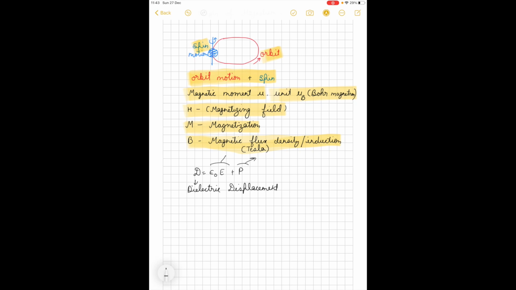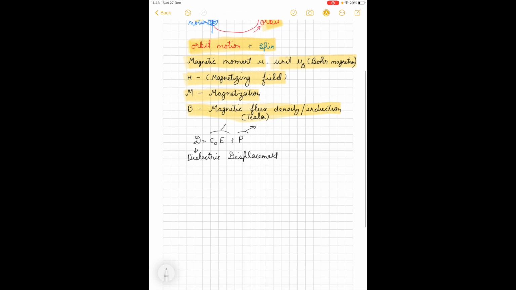Similarly, in the magnetic field case, we will denote something like the magnetic induction. I'll denote it as B int, which will have two parts. One is mu naught H, and the second is mu naught M. The first one is again the external applied magnetizing field H, and the second part is the internal contribution.